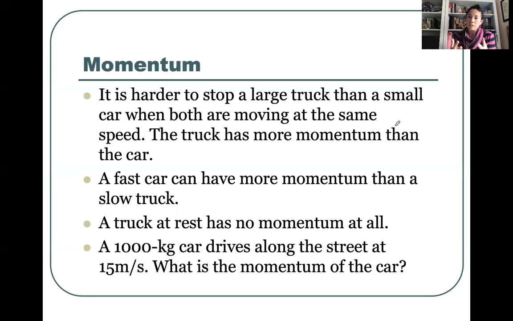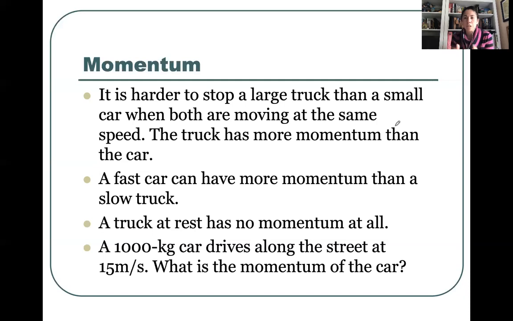Essentially, the object that's going to be more massive, so the truck, for example, or the elephant, if all of the objects that you're considering are moving with the same speed, the more massive objects are going to have a larger momentum, and because they have a larger momentum, we're going to have a harder time stopping them. And that's the idea we're trying to convey.